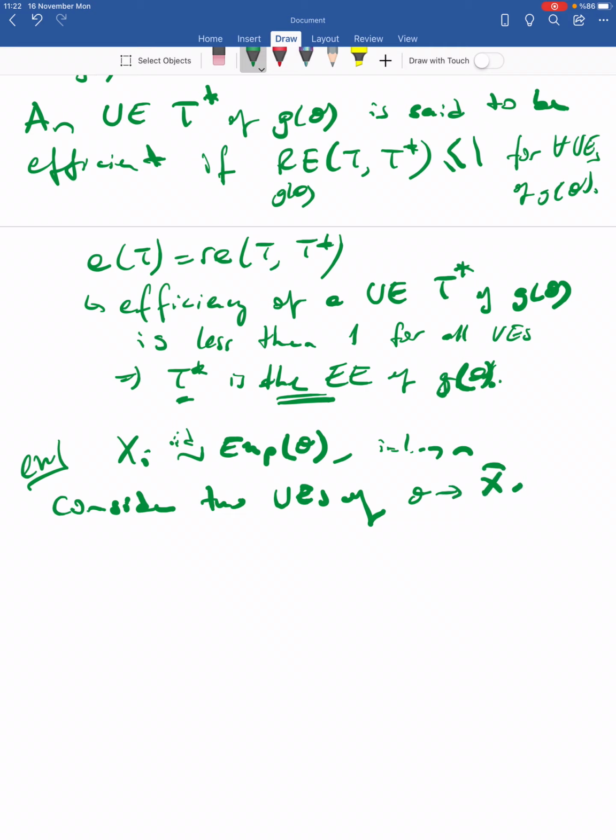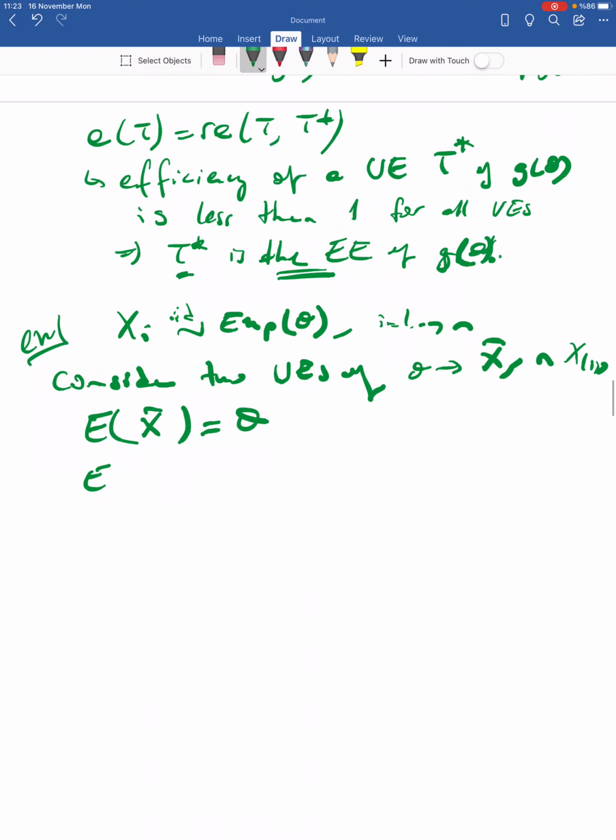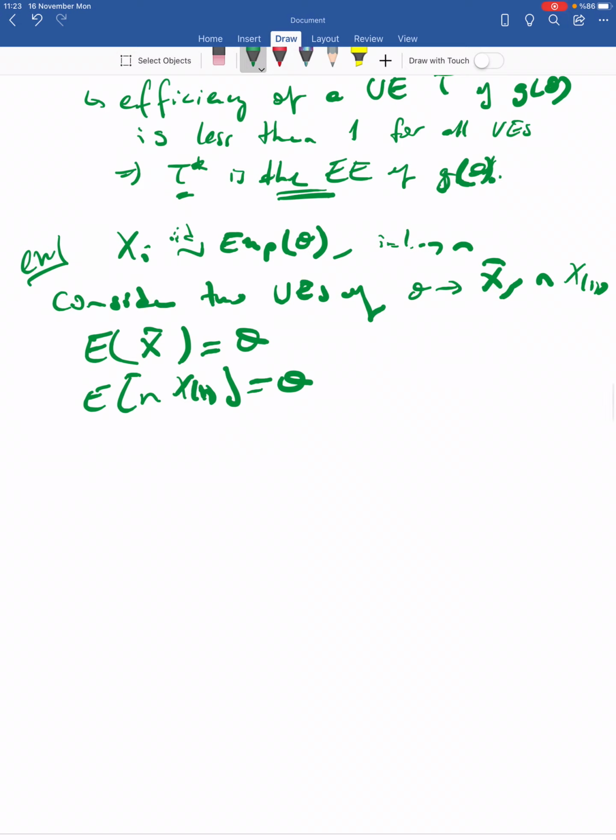One of them is x bar, the other one is n times the first order statistic. When we consider the expectations, we will see that the expected value of x bar is theta, and the expected value of n times x1, when you calculate it, you will see is theta. So both of them are unbiased estimators. Okay, so let's check their variances.